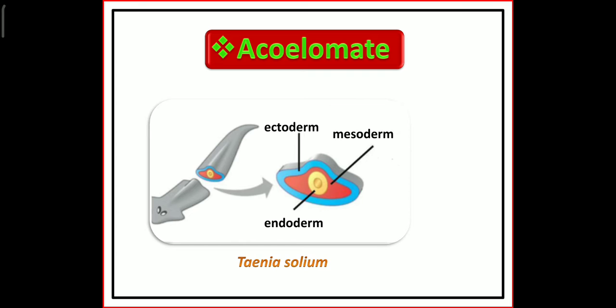In the embryonic stages of these animals, mesodermal cells completely fill the blastocoel. In the adult, the body cavity is filled by mesenchyme and muscles, forming no coelom. Animals of the phyla Platyhelminthes and Nemertea are acoelomate animals.